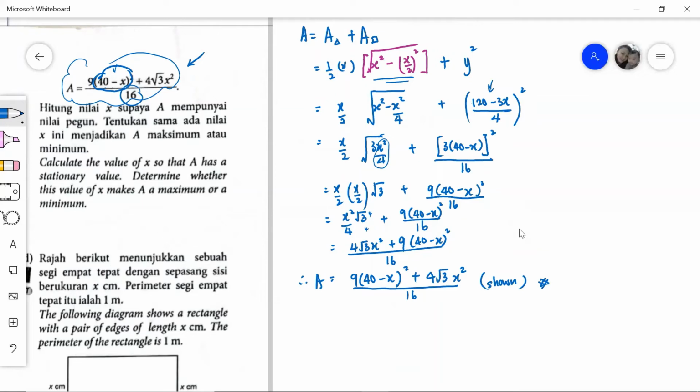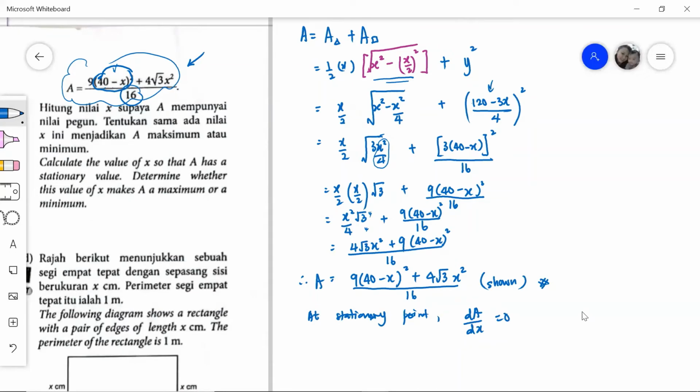Now next we have to calculate the value of x so that A has the stationary value. So at the stationary point, or you can say at the turning point, dA by dx equals 0.